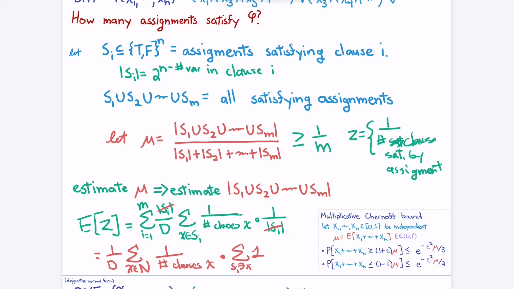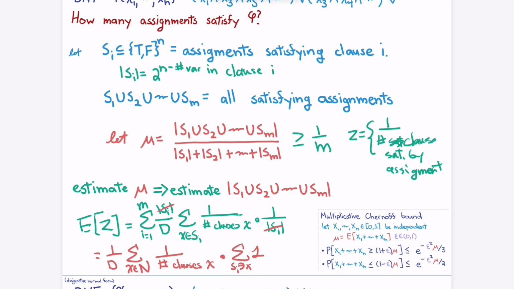Each one gives this 1 over the number of clauses it satisfies term, and appears one time for every clause satisfying it. So these two cancel out and you get n over d. So that'll work. Chernoff doesn't care if it's 0, 1 or between 0 and 1, and our thing is between 0 and 1. So good, we're done.